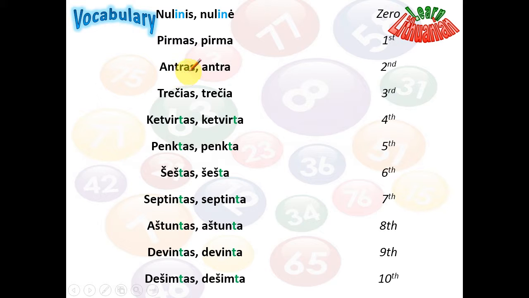Now, antras, of course, two is du, and the second is antras. So another different word. Now, trys, trečias. Well, you have to remember that there is ch. Trečias, with a soft ending, so you have to remember this word also. Keturi, ketvirtas. The u changes to v. Somehow this number is ketvirtas.